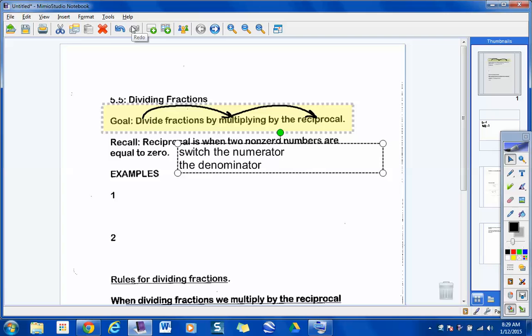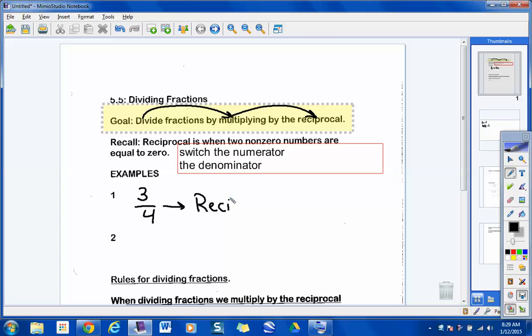So here's a question for you. In switching the numerator with the denominator, here's a fraction. Let's just use the one that I originally had, 3/4. What would I say the reciprocal is?